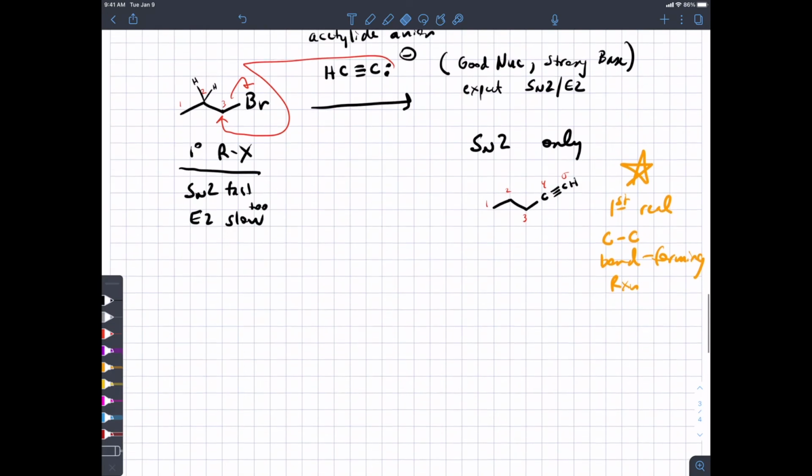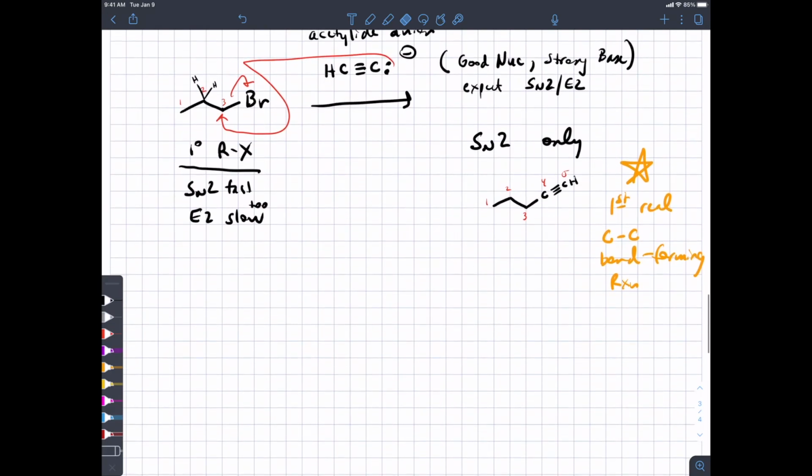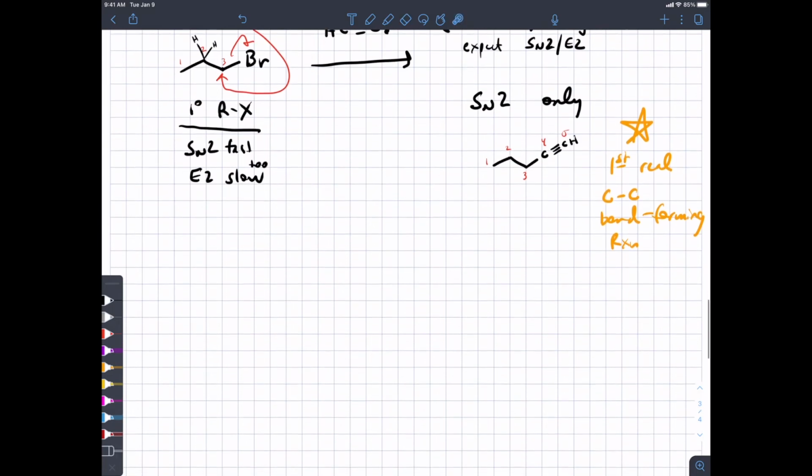We did a strong nucleophile, strong base where we only saw SN2 because of this difference in rate. There's other combinations we could look at. For example, we could take this tertiary alkyl halide and say something that is a good nucleophile and a good base.